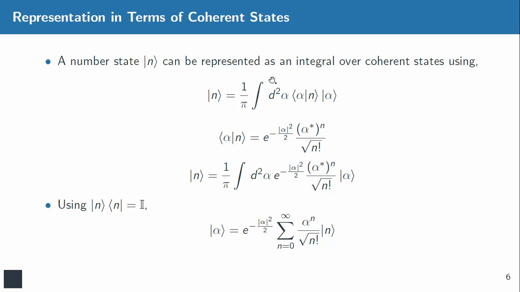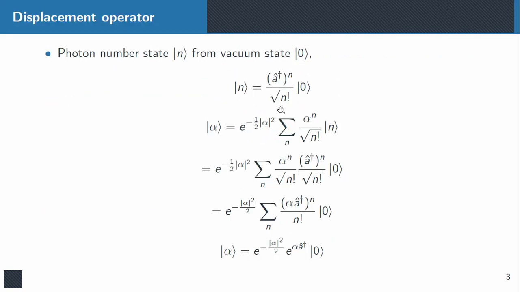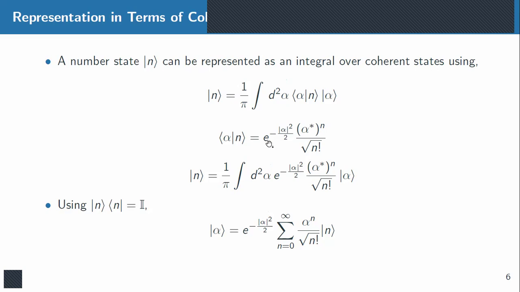So we could write a number state as an integral over coherent states using this, and we want to evaluate this inner product, as it is an overlap between coherent states and Fock states. So we know that we could write the coherent state in terms of the Fock state. So overlapping these, we could get a complex number. And putting this, we have the representation of the Fock state in terms of the coherent states.